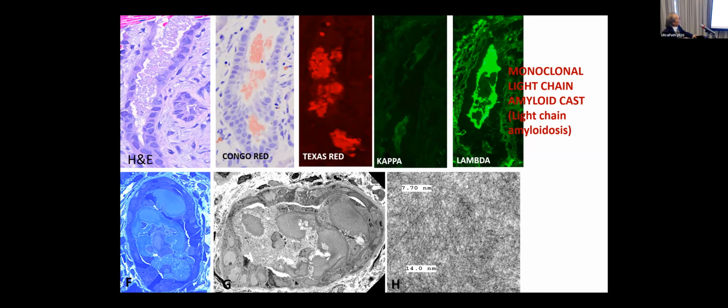And we do lambda and kappa light chain on consecutive sections, and that is the monoclonality, and that is a thick section. Then electron microscopy: I venture to say that these structures here have the typical fibril structure, typical amyloid. And interestingly, aside from that, is all the background of what looked like uromodulin. So that is also a feature of amyloid monoclonal cast.